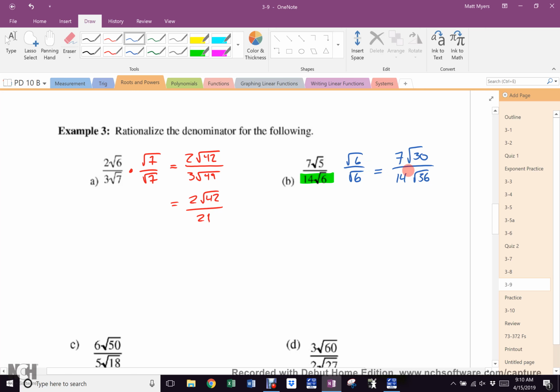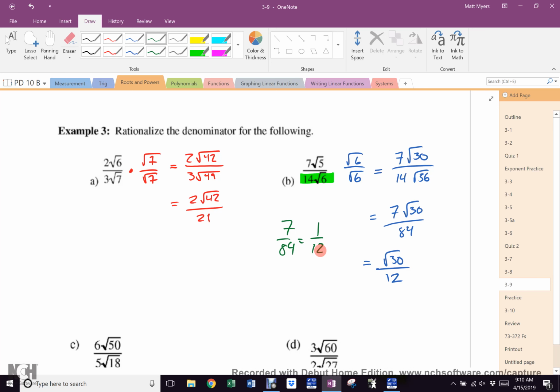So we know it's going to be 14 times 6 on the bottom, which is 84. So I've got 7 root 30 over 84. Can that simplify? Yes, why? 7 goes into 7 once, root 30, and it goes into 84 12 times. Everybody cool? What I did there was I took 7 84ths and I simplified it to 1/12. Everyone's cool?